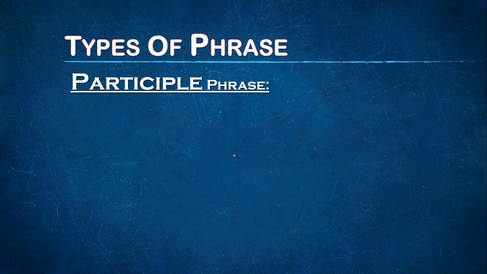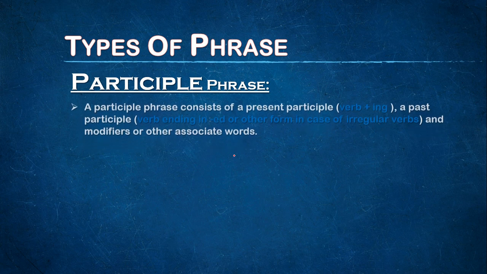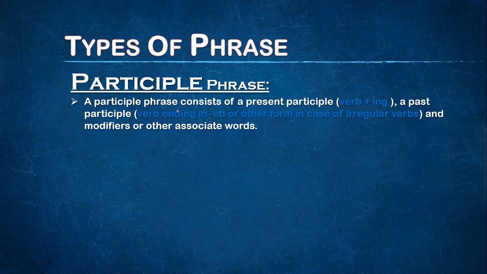And participle phrase. A participle phrase consists of a present participle, that is verb plus ing, or a past participle, that is verb ending in ed or other forms in case of irregular verbs, and modifiers or other associated words.